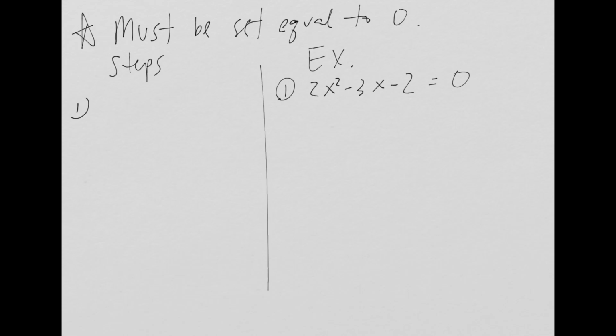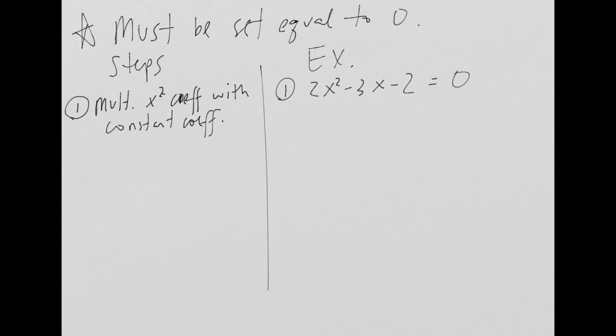So the first thing you're going to do is multiply the x squared coefficient. Now what does that mean? That means the number in front of the x squared. So multiply the x squared coefficient with the constant coefficient.